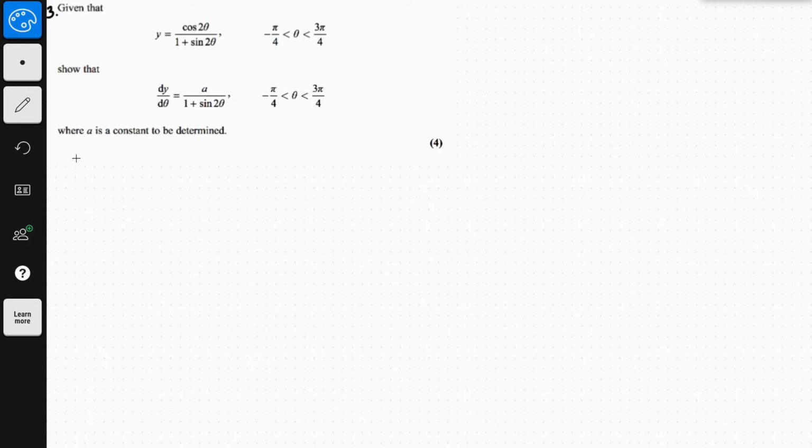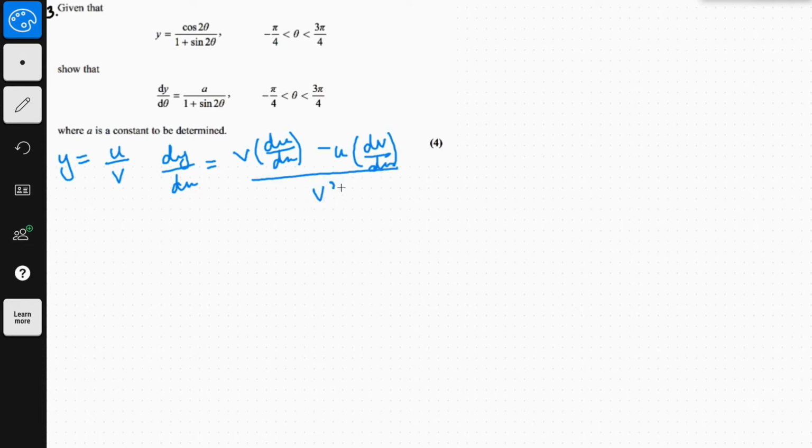If you don't know what the quotient rule is, it's basically when we're given y as u over v, so dy dx is given by v times du dx minus u times dv dx, divided by v squared. That's what we basically do.